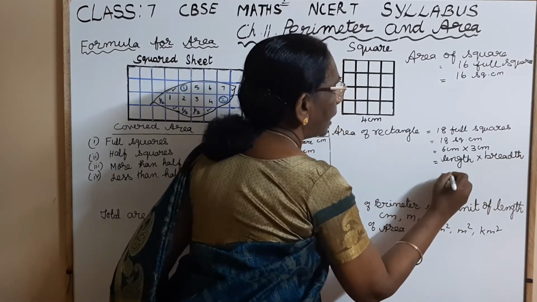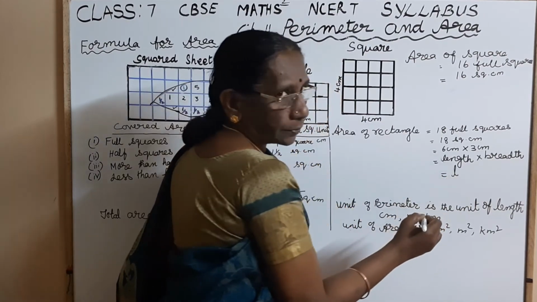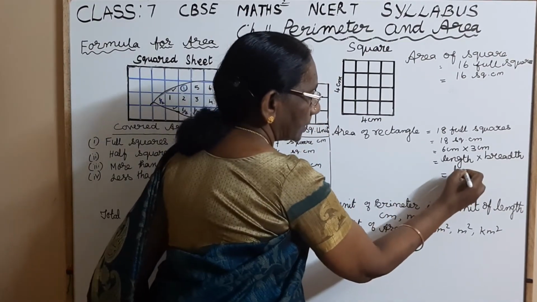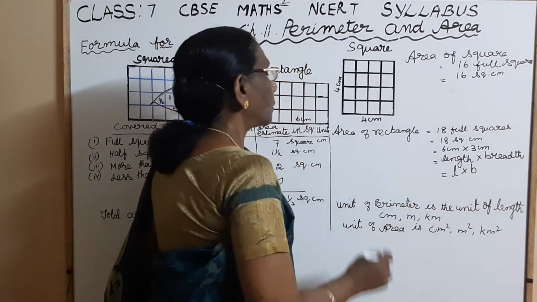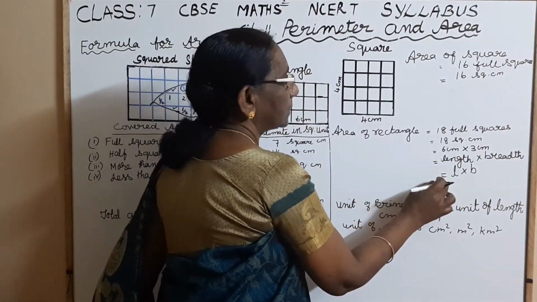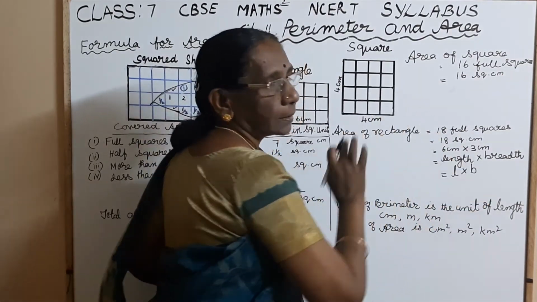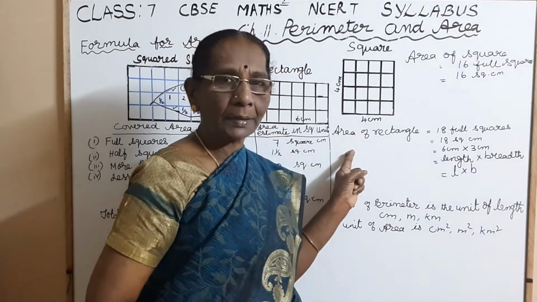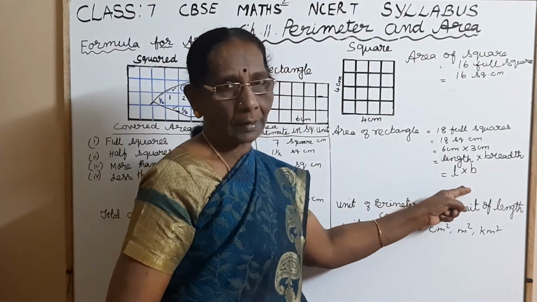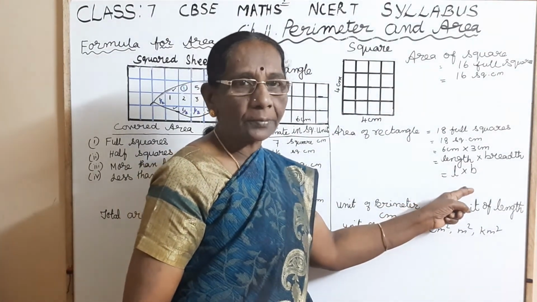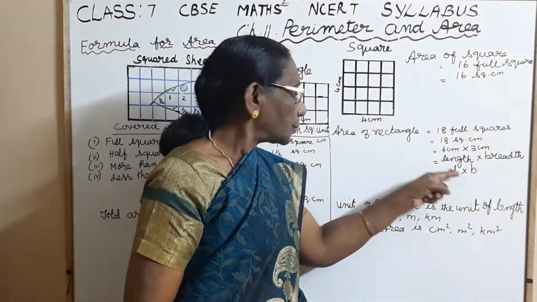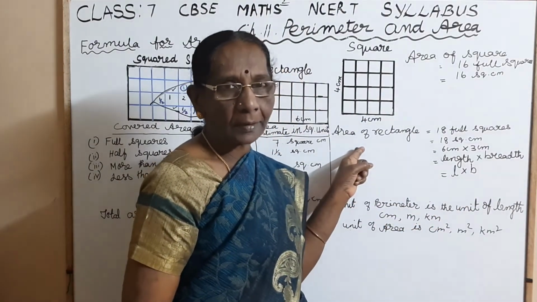In short form, L is the letter for length and B is the letter for breadth. So area of the rectangle is L into B, where L is the length of the rectangle, B is the breadth of the rectangle. So this is the formula we use for finding the area of the rectangle.